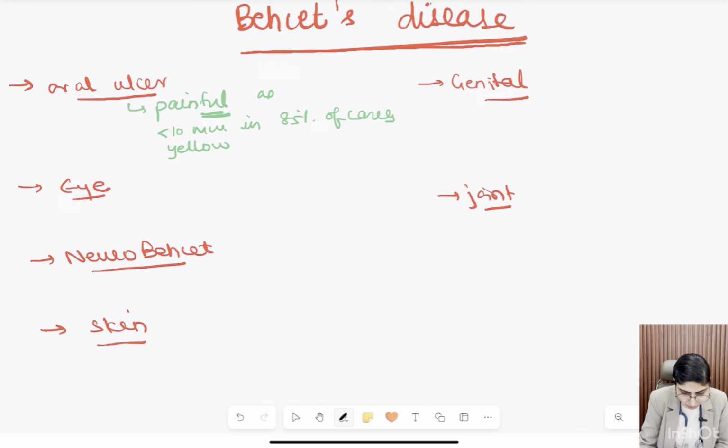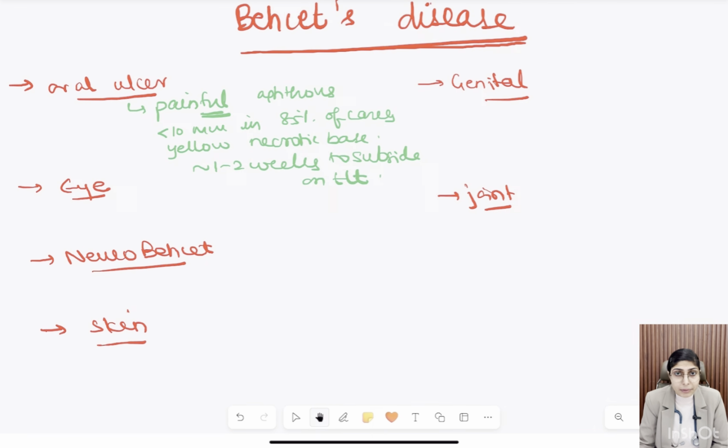All the oral ulcers are aphthous and they have a yellow necrotic base. And they take approximately 1 to 2 weeks to subside on steroid or immunosuppression on treatment, right? So they take 1 to 2 weeks to subside even on treatment.